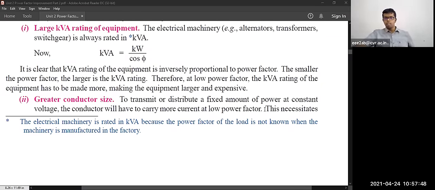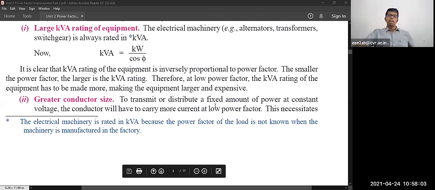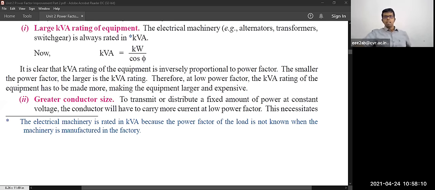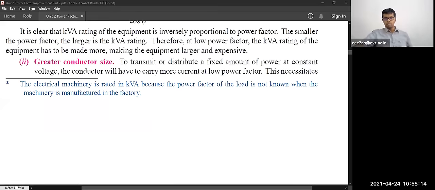So this is a very big thing in industries. If you go to any industry, there will be a separate unit for maintaining this, with capacitor banks, so that they maintain the power factor constant.